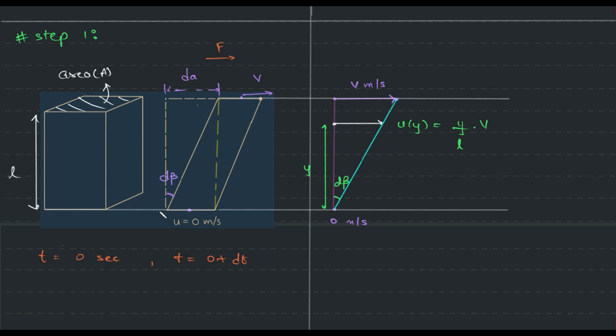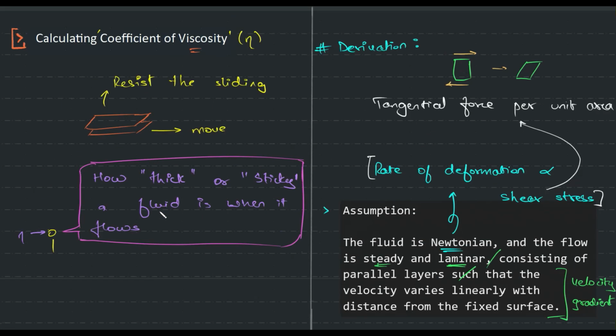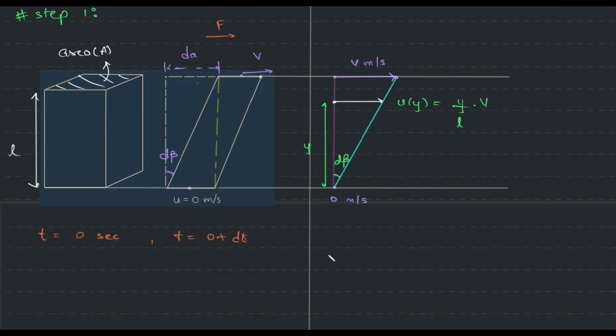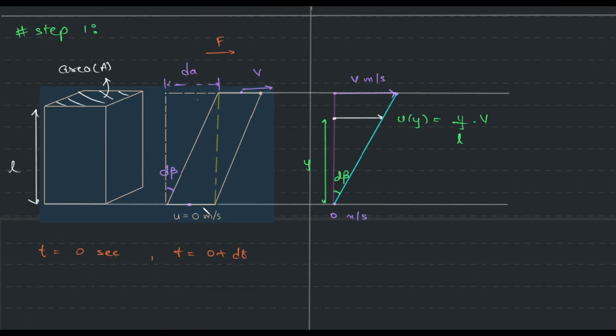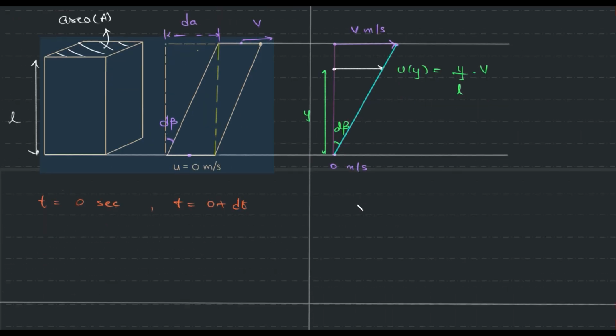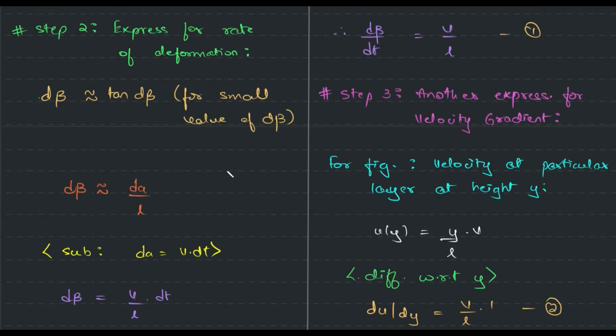So that's what the entire derivation is telling us. If we just want to look at the derivation, it's quite simple. We need to make some assumptions and then draw a diagram, and figure out the velocity gradient. Get an expression for deformation using simple trigonometric ratios.